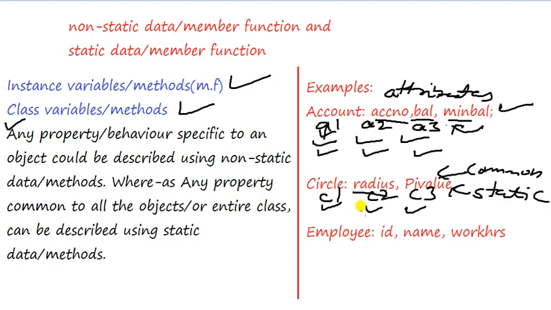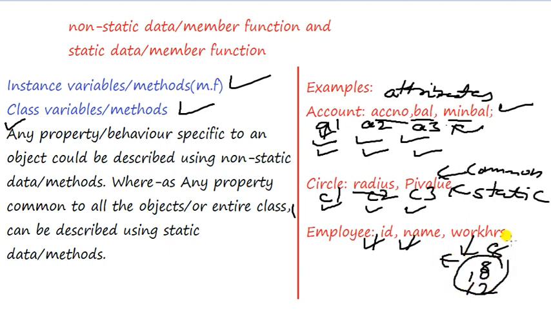Now can you do this for employee? ID is specific, name is specific. Working hours you can normally consider specific too, but it depends on the company. If it is a school, 8 hours is common there. If it is a company or industry, someone may have 8, someone 10, someone 12. Then working hours become non-static.